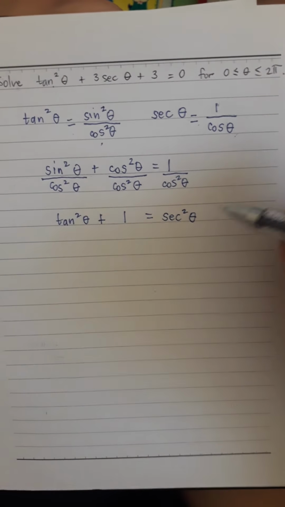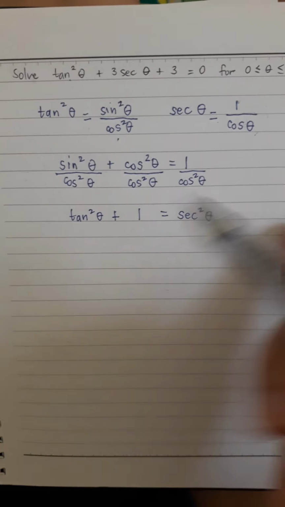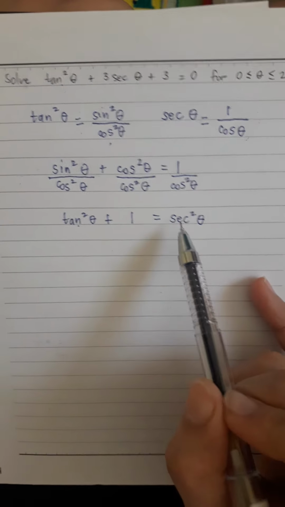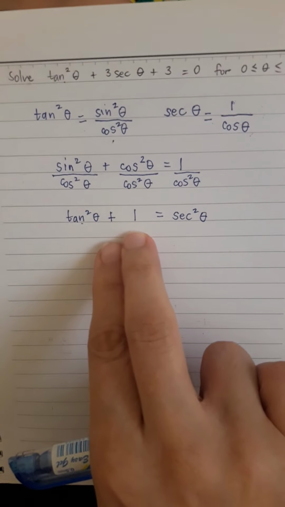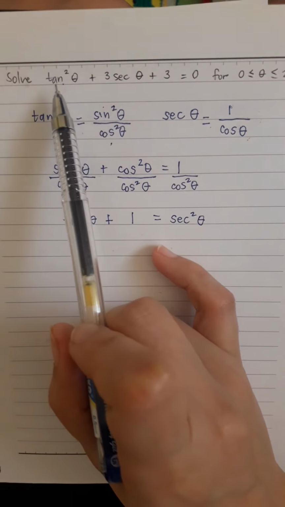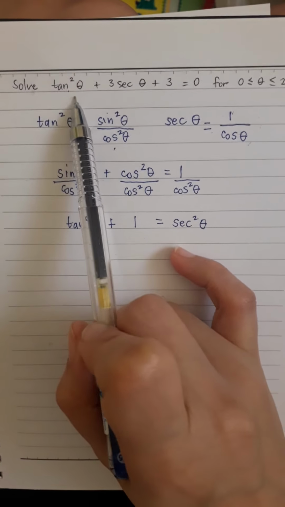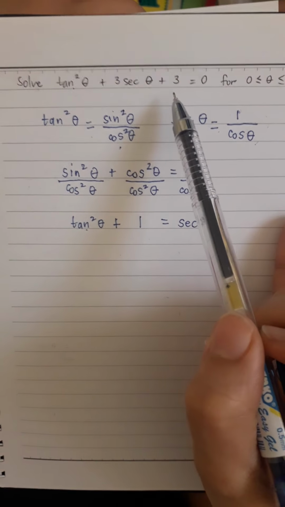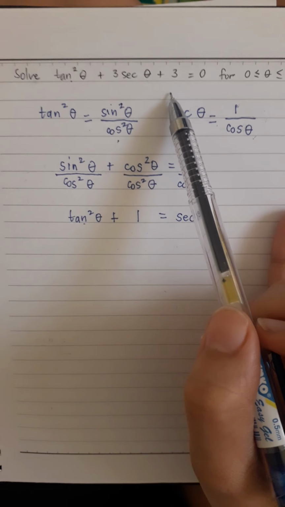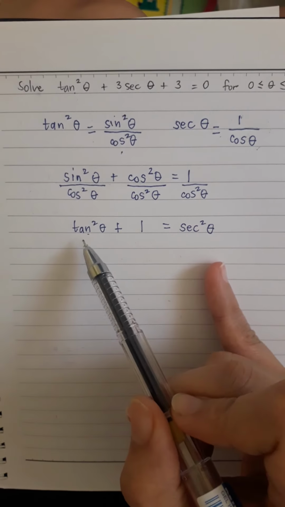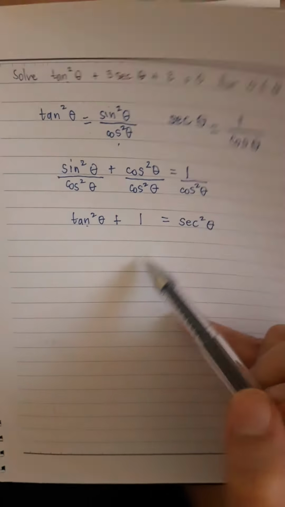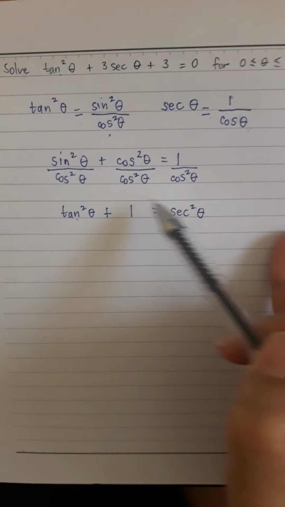So we have found a new identity where tangent and secant are connected. And that's what we have here in our equation, tangent and secant. So now we have a way to make this into a single ratio. I can write tangent squared theta in terms of secant because of this equation.